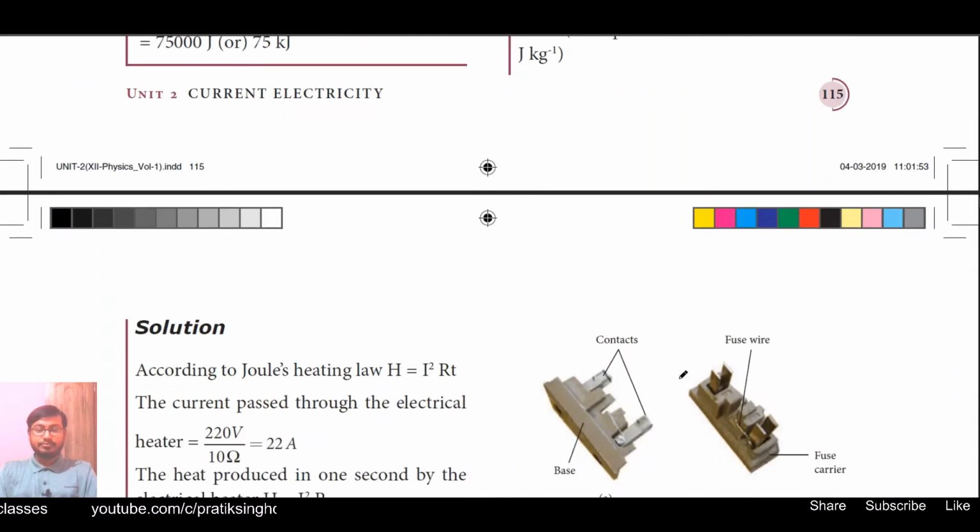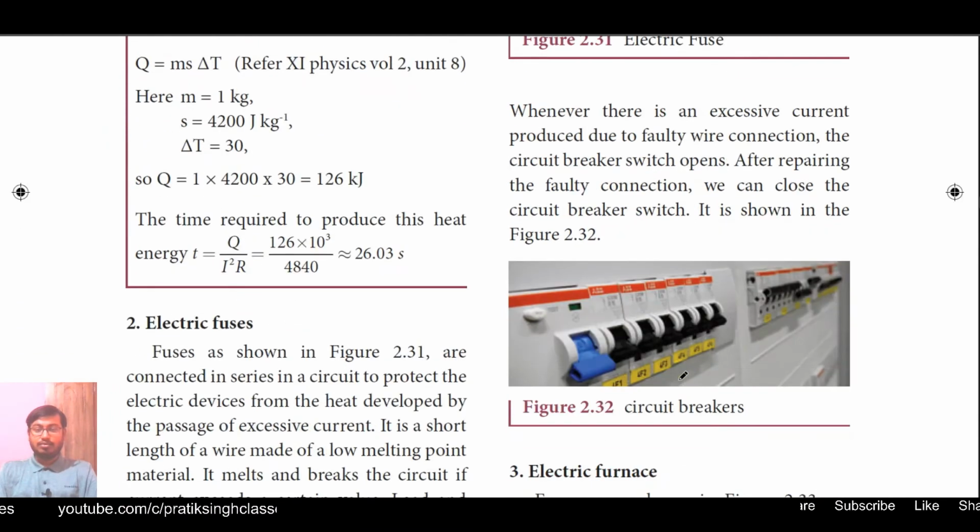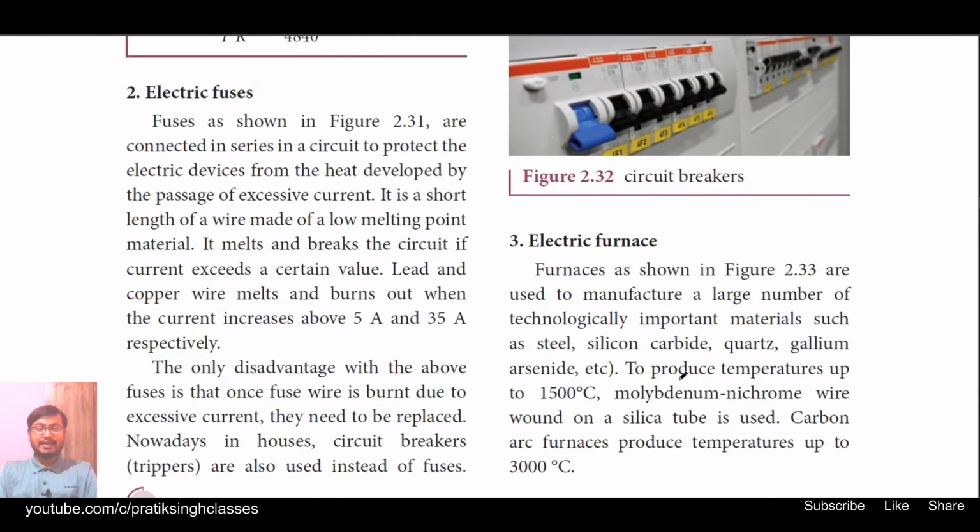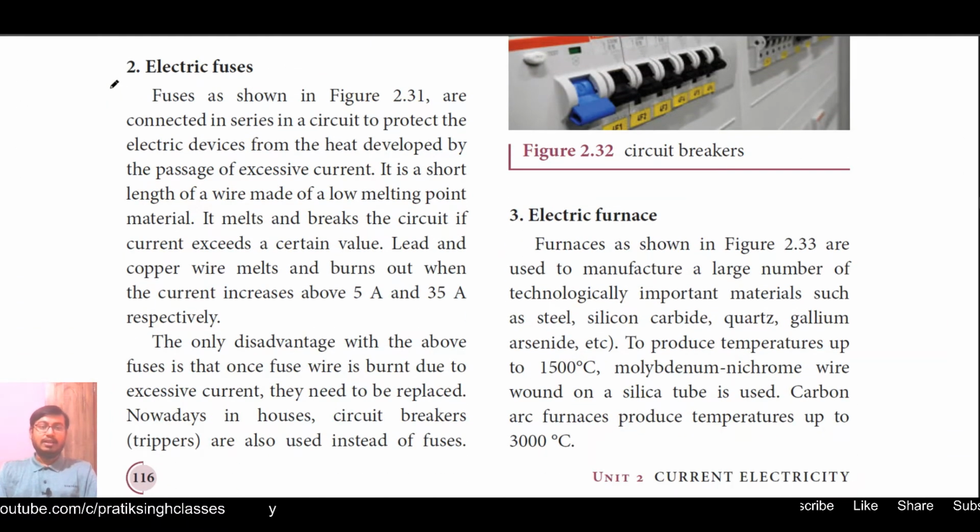Okay, fine. Now coming to the next topic, that is electric fuses. Okay, you all have seen electric fuses at your home, and these days every electrical or electronic appliance comes with a fuse. Now the question that arises here is, what is the use of a fuse? Why do we use a fuse in a circuit?